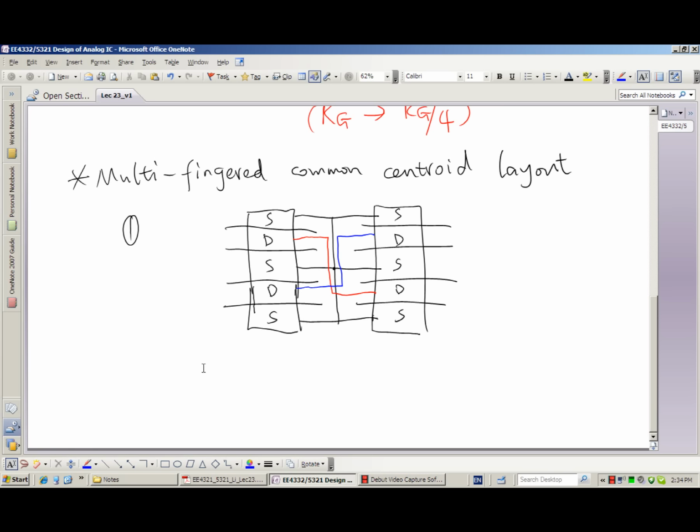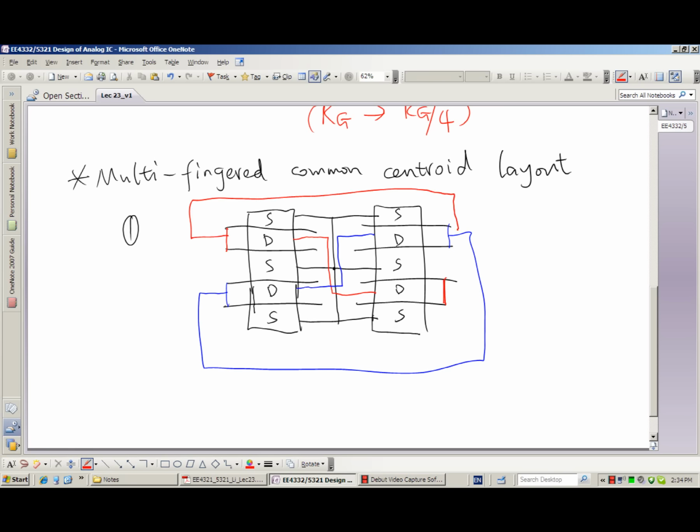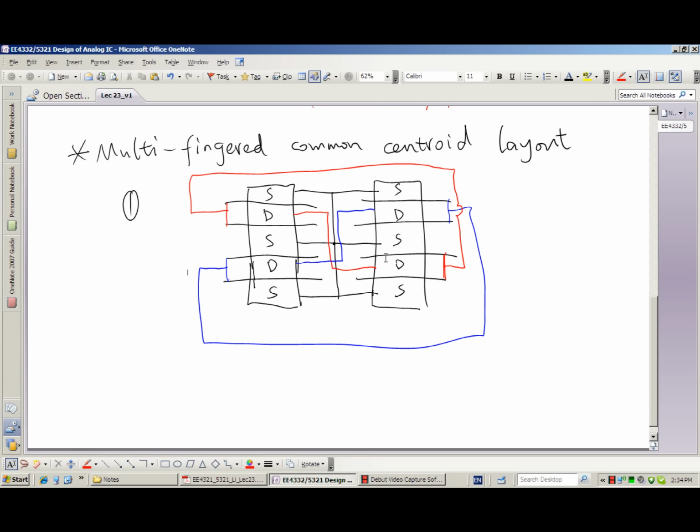And finally connect the gates together. So those two gates and those two gates are for transistor number 2. We connect them together. And those two gates are for transistor number 1. We can do it this way. Okay, so now we have an equivalent 2-transistor differential pair.